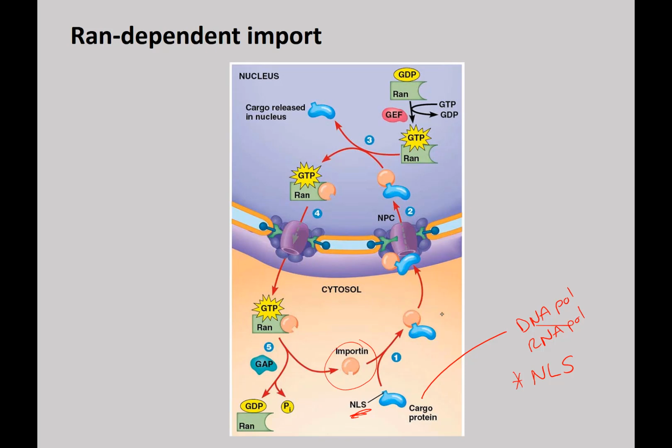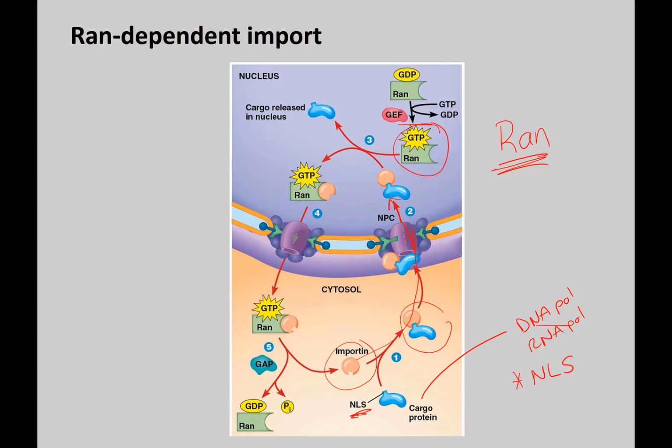Okay, anyways, they bind together and they go through that transporter in the nuclear pore complex. Importin takes it in, and then there's this protein called RAN, shown in green. RAN is the protein that's actually providing the energy to make all of this happen.